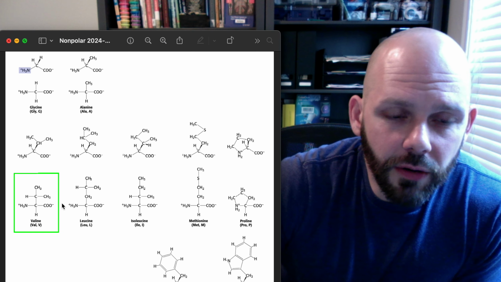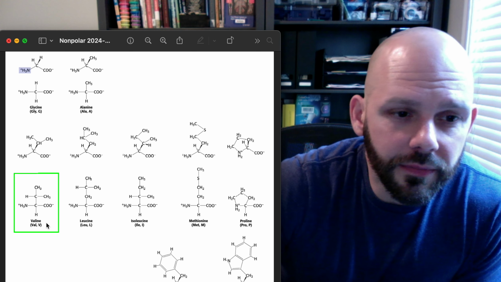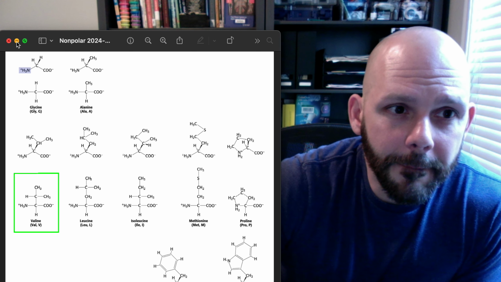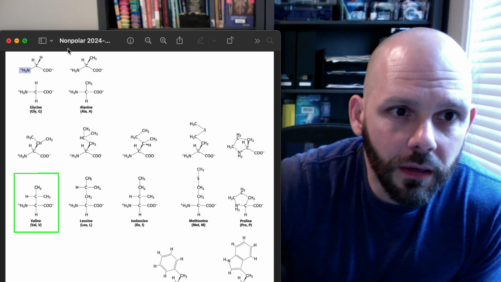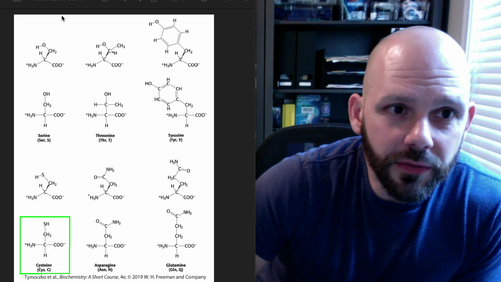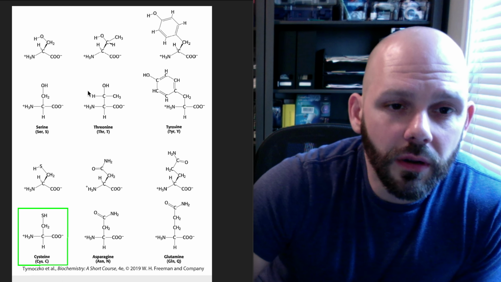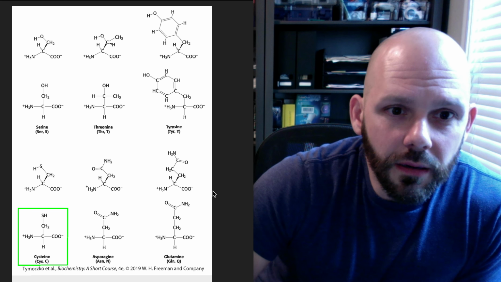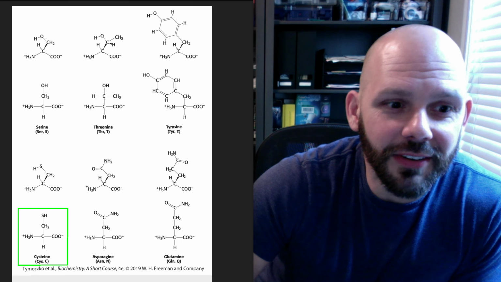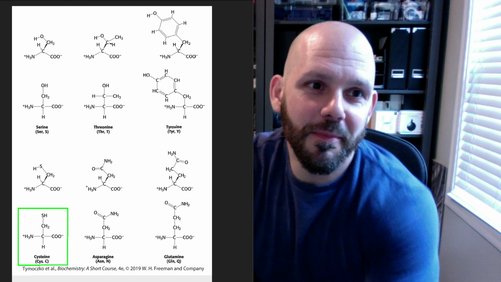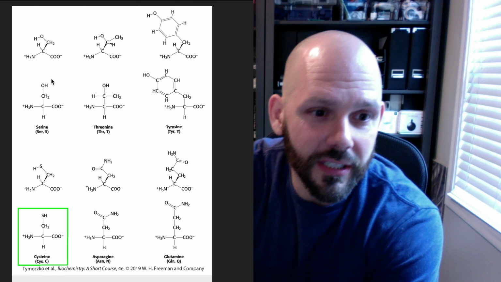And relative to size and shape, valine just made the most sense to me. And as something that would be a terrible replacement for it, these are all the polar amino acids. Tyrosine would have been a great answer, but I didn't have enough atoms in my kit. So I just chose cysteine here.